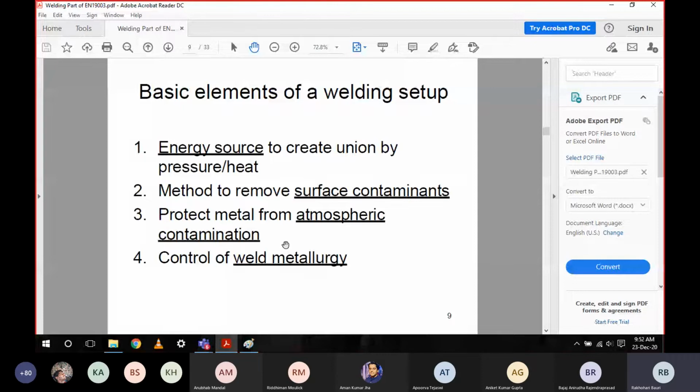When the metal is in liquid form, it can catch oxygen and make metal oxides, which are not required. The fourth element is to control the weld metallurgy, the metallurgical property, which we manage just by controlling the cooling rate.